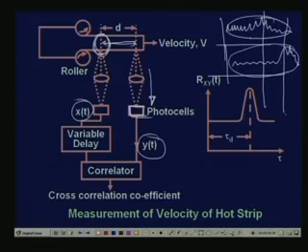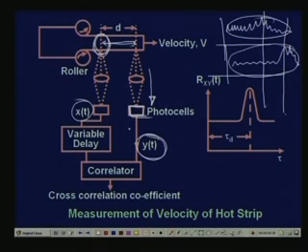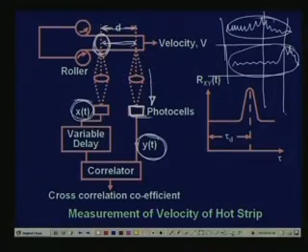So, the basic premise of this measurement is that the signal y(t) is a noisy version of x(t), but time shifted. How much time shifted, we do not know; that depends on the speed, since this distance d is fixed. So, by how much time they are shifted will depend on the speed of the strip. Now we are going to determine precisely that.